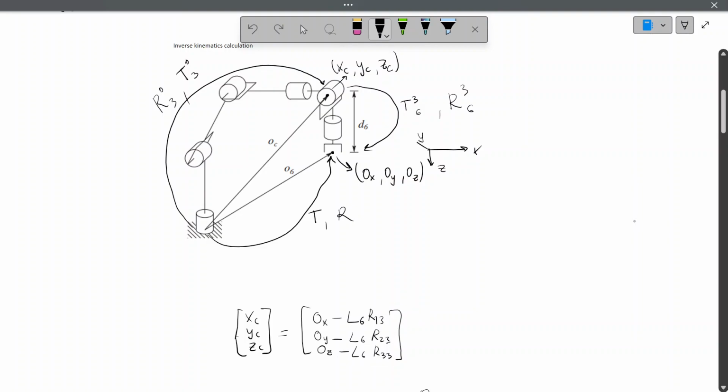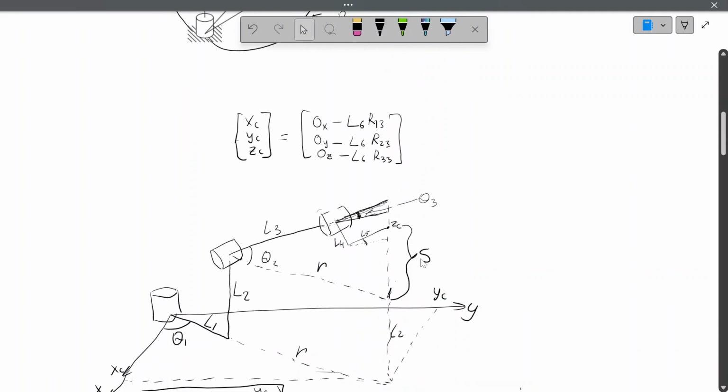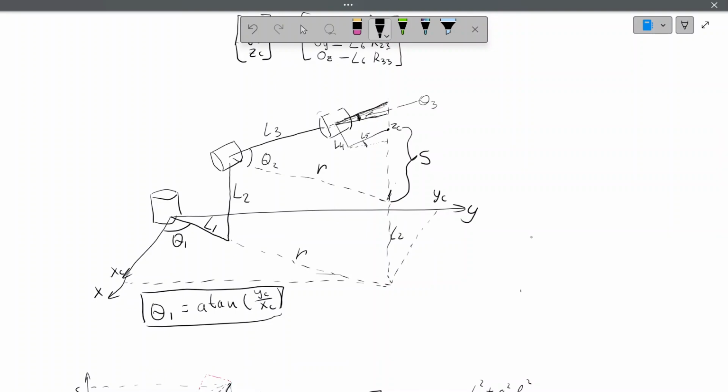For our robot, we have a different configuration, so we need to take it into consideration. This is just a particular case. So that's how we calculate this point XC, YC, ZC. Next we will have this point here, with coordinates XC, YC, ZC. So that's the point we found.